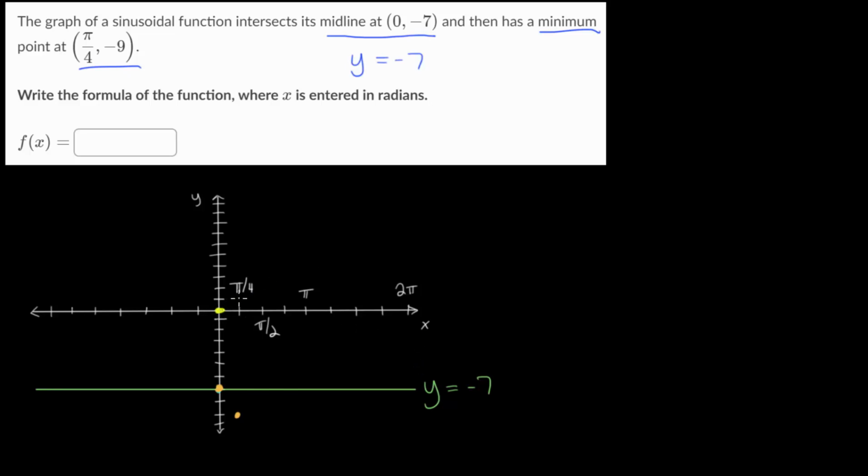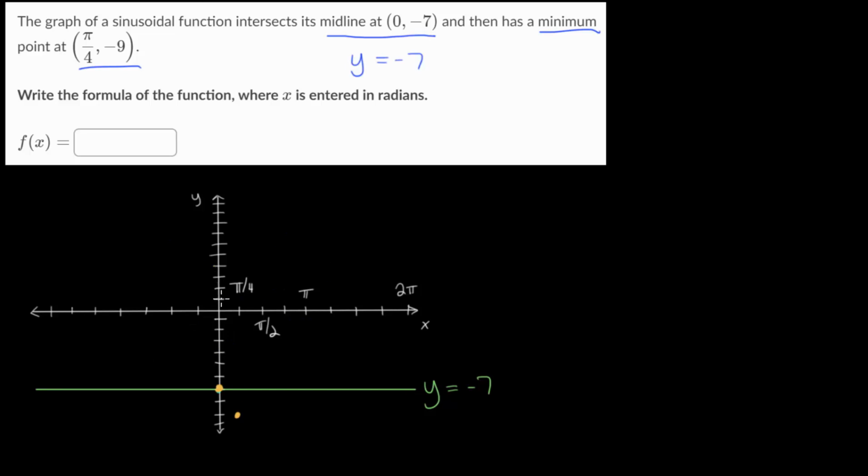From there, it rises up, goes to its maximum, and then goes back down to its minimum point. Actually, this would all be shifted a little bit. We would be at pi/2 for the maximum, pi for the midline intersection, and so on. The curve will look something like this, though this is not plotted very accurately. But the general idea is that when x is equal to 0, the sine function goes through the origin.